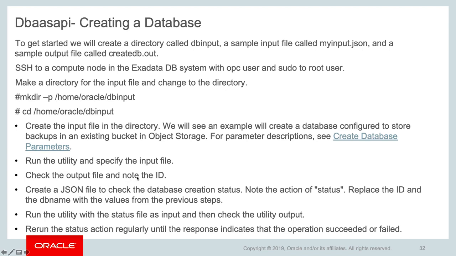So you will have to take note of the ID. Create a JSON file to check the database creation status, note the action of status, and replace the ID and the DB name with values from the previous step. Then you need to run the utility again with the status file as input and check the utility output. And you continue this until the operation has succeeded or failed.